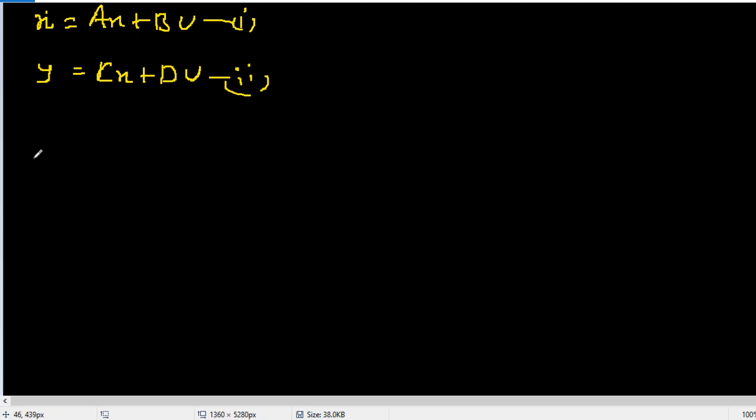So let us first get the Laplace equation of the first equation. Step one is to take the Laplace transform of this equation.